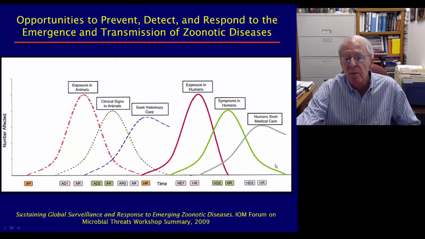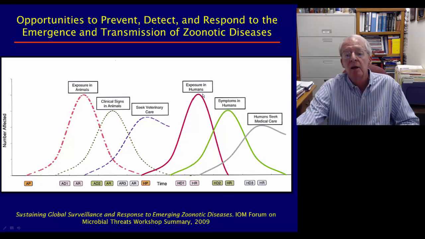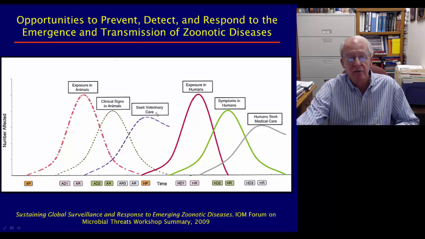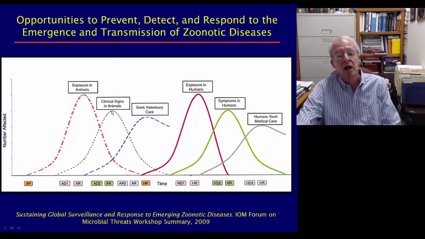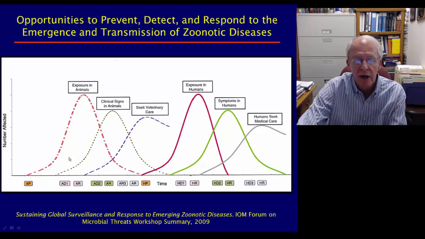But prior to humans seeking medical care, humans become ill. Prior to that, humans are exposed to the agent. Prior to that, in some cases, animals with the infection have become ill and have sought veterinary care. Earlier than that, they have clinical signs, and earlier than that, they have exposures to whatever the agent is.